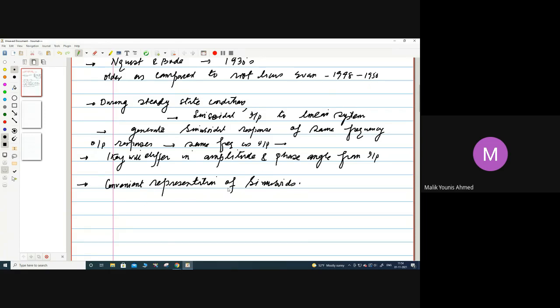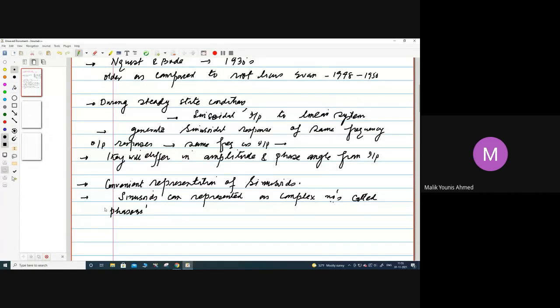Sinusoids, as those with a basic electrical background may already know, can be represented as complex numbers called phasors.